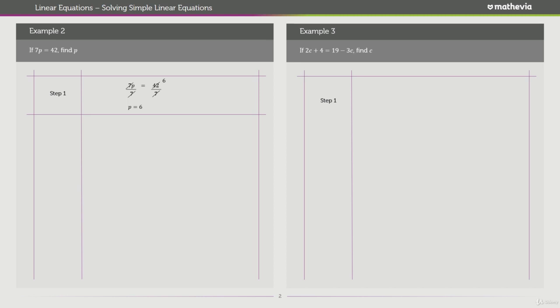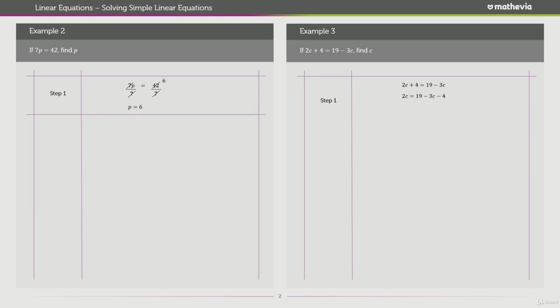The first thing we're going to do is move numbers around, because we want all our variables on the left. We want all instances of the variable, all the c's, on the left and all the numbers on the right. So the first thing I'm going to do is move plus 4 over to the right, and I have it as minus 4.